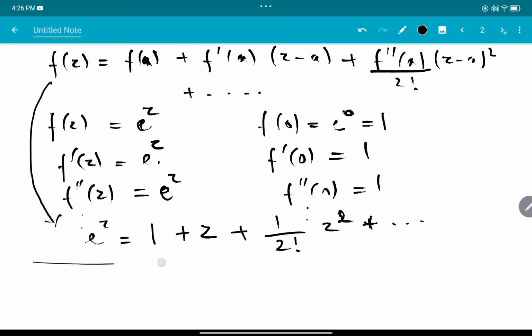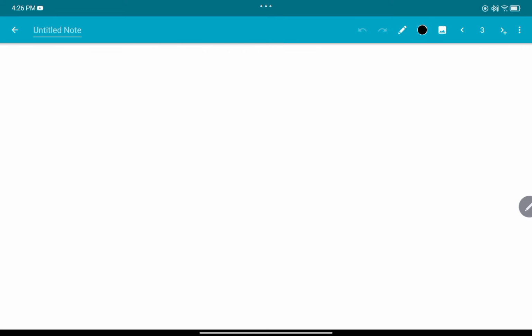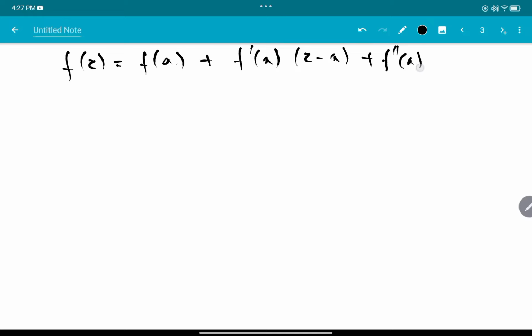Now let us take another example by Taylor's theorem. f(z) is equal to f(a) plus f'(a) times (z minus a) plus f''(a) divided by 2 factorial times (z minus a) squared plus dot dot dot.